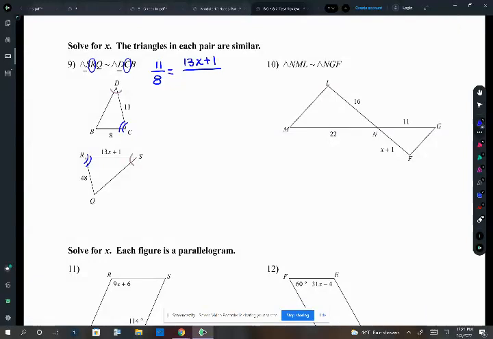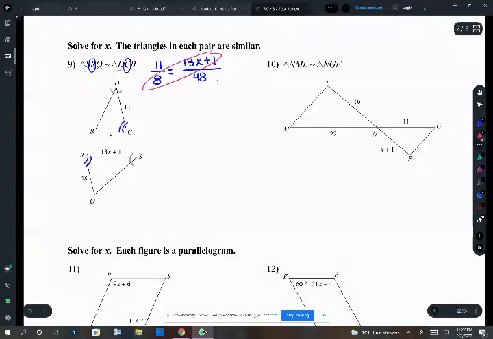So if I look at 8, 8 is between nothing and 2, so between nothing and 2 is 48. So I know that this has to be 48. And then I'm just going to do the same thing. Now, remember we talked about this in class as well, is like I don't have to go 11 over 8. I could have gone 11 over 13x plus 1 and then 8 over 48. Like it doesn't matter as long as you're consistent.